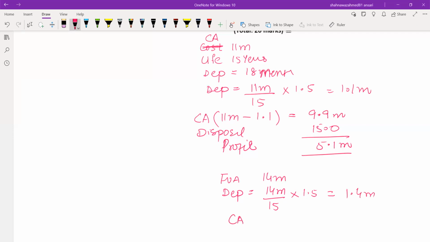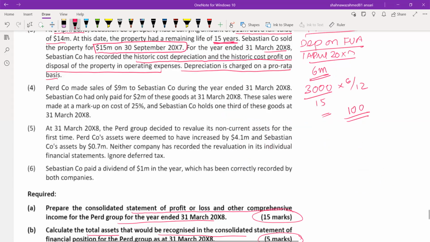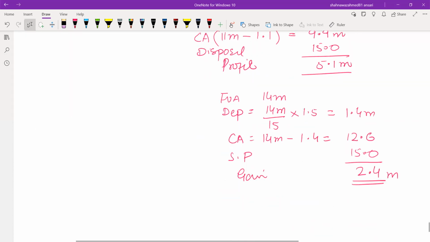So the carrying amount after this is 12.6 million, and sale proceeds are 15 million. So we have a gain of 2.4 million. So the gain that we need to record is 2.4 million, and the gain already recorded is 5.1 million. So we need to adjust this 5.1 million and update it with the 2.4 million gain on disposal.